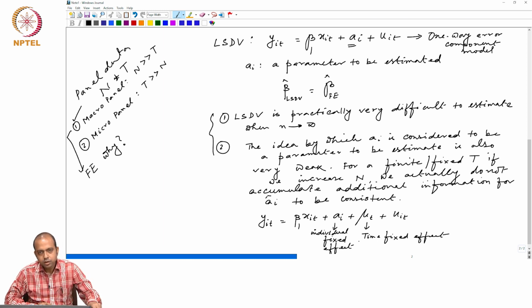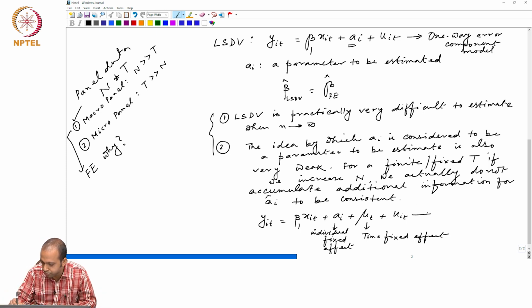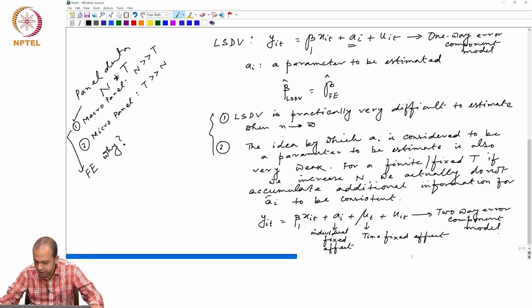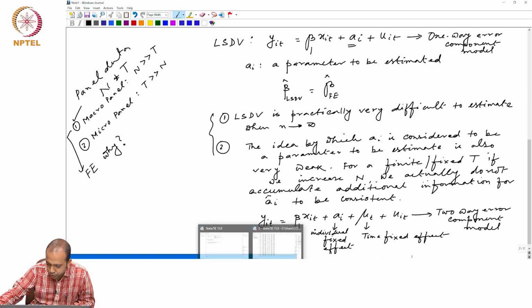So, how will you estimate that type of model? To estimate a two-way error component model, the application of LSDV only will help us.